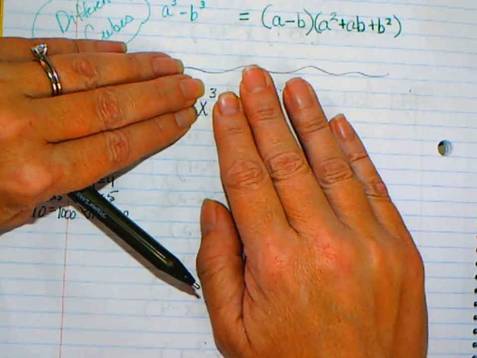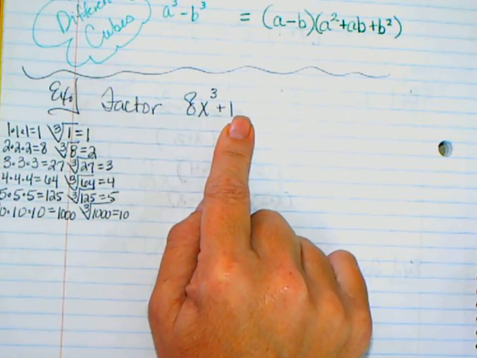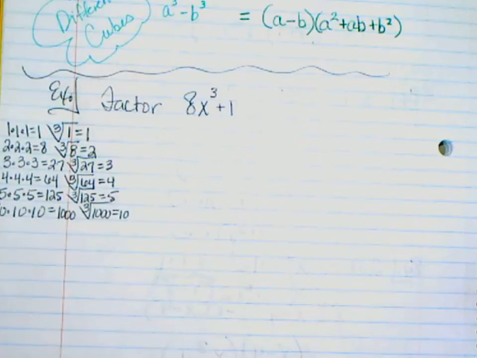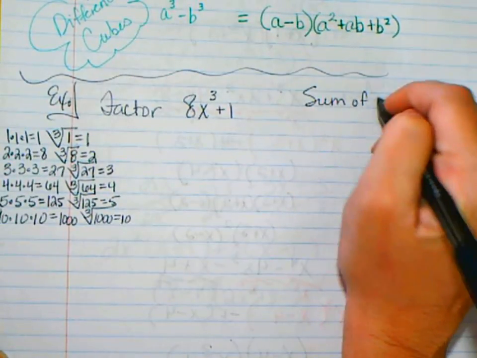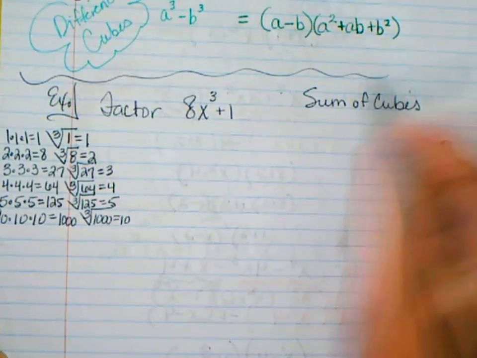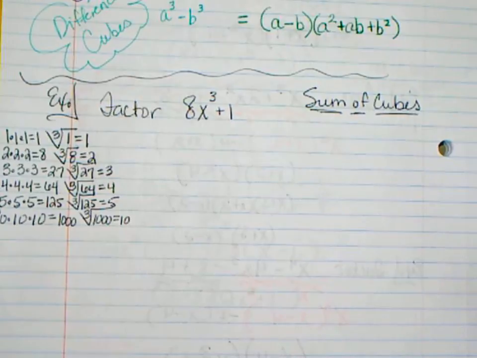Does that make sense? All right, is 1 a perfect cube? Yeah, and there's a plus sign. So we would call this a sum of cubes. And I know we just wrote the pattern above, but since we're trying to memorize this pattern, I'm going to write it every single time I do a problem.